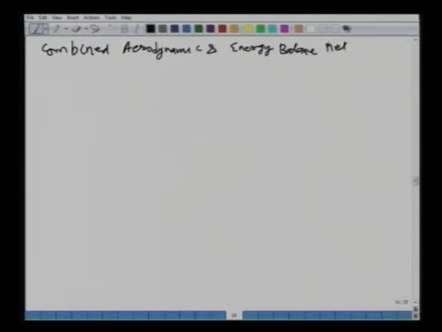So, now we will look at what is known as the combined aerodynamic and energy balance method. Okay, as the name suggests, we are combining two methods here.